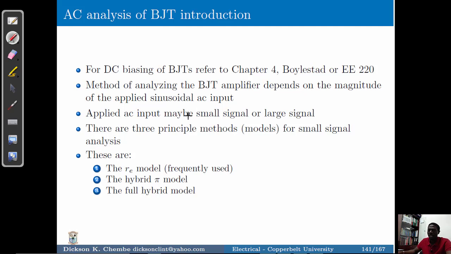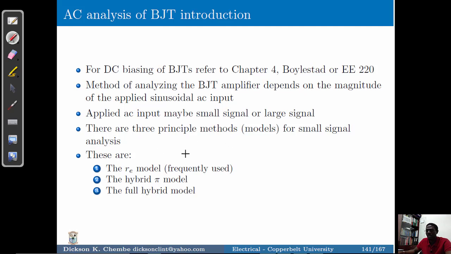But in this case, we're looking at analyzing a bipolar junction transistor using alternating current. And this method of analyzing depends on the magnitude of the applied sinusoidal alternating current.